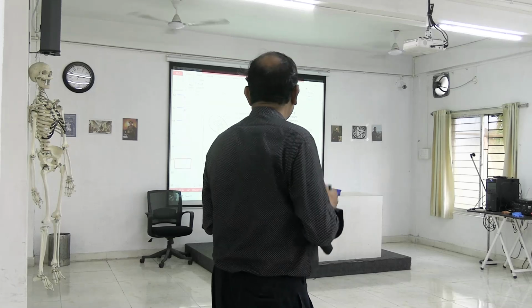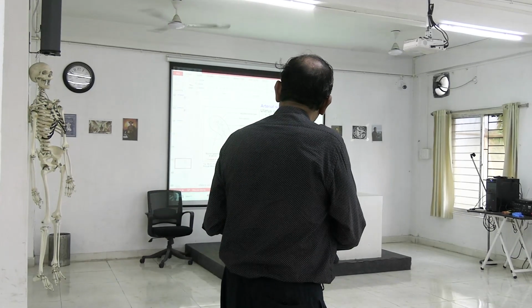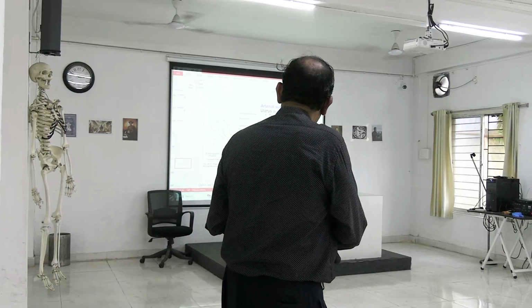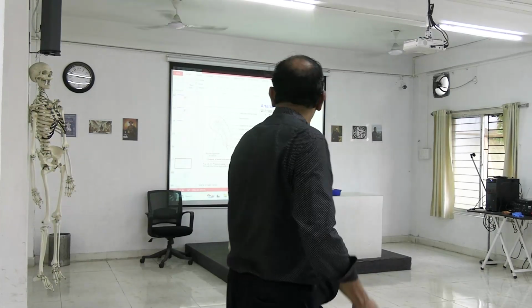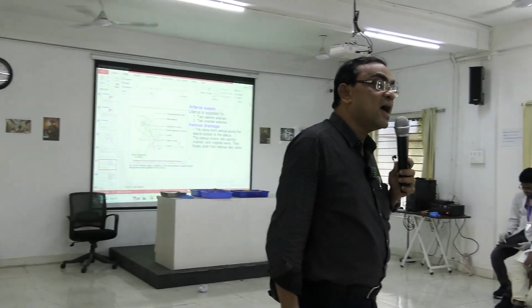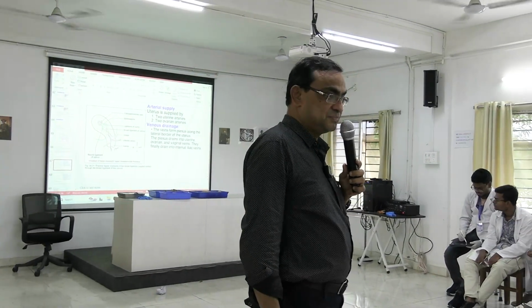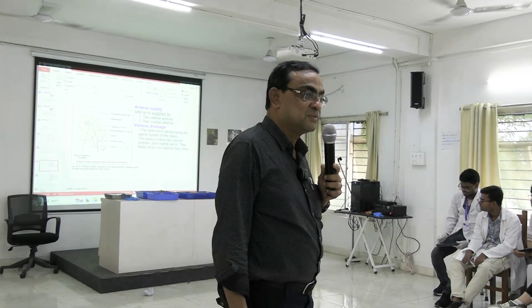Now you may ask one thing: this is the crossing between the ureter and the uterine artery. Where is the exact location of the crossing?